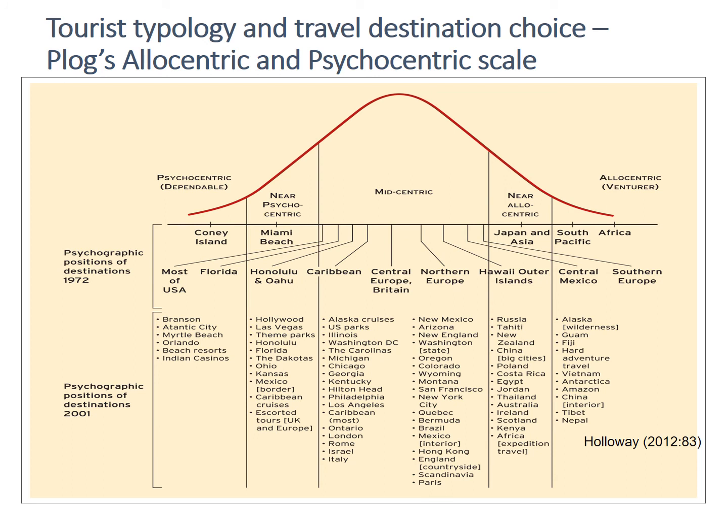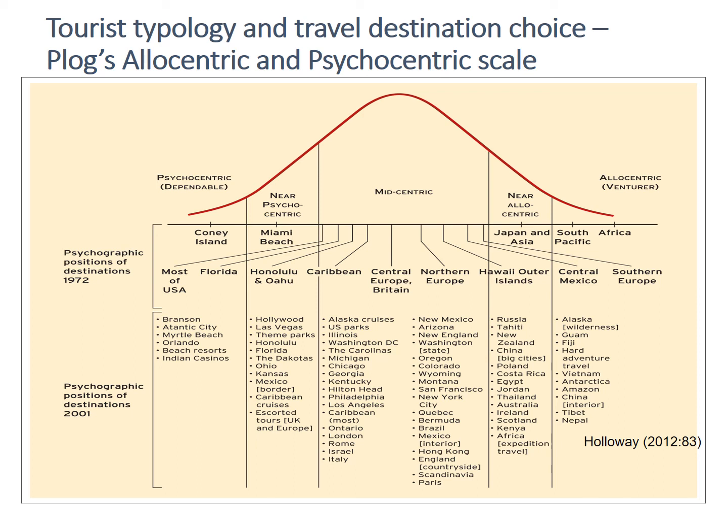And here we have the tourist typology and travel destination choice. Plog's Allocentric and Psychocentric scale. If you look at the Psychocentric dependable and Allocentric scale, from left to right you've got Coney Island, Miami Beach, then the mid-center, then Japan and Asia, South Pacific and Africa, leaning towards Allocentric.